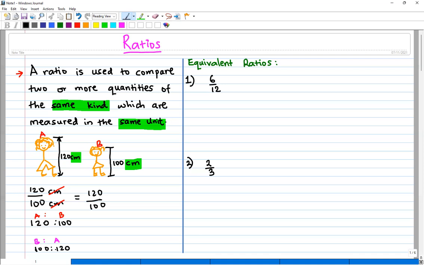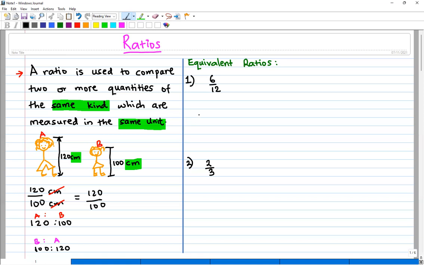So we read 100 to 120. Then the ratio of B to A, 100 to 120. I believe you have got an insight of what ratios is all about. I know that this already, you talked about it in grade 6. Okay.